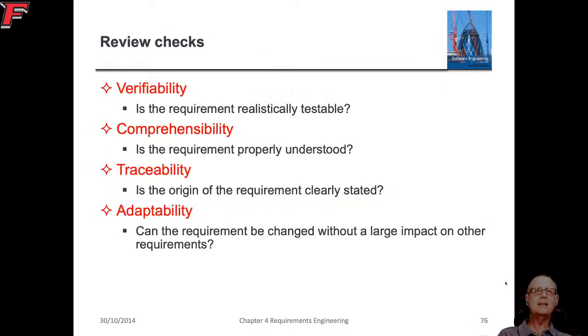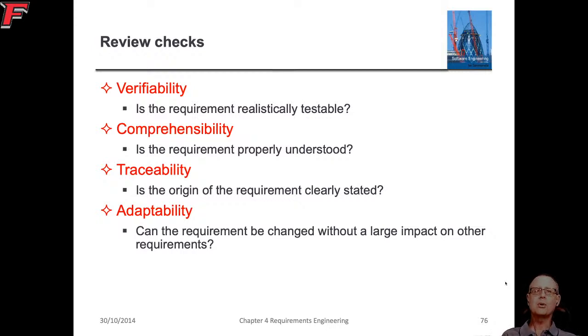Right, so there are some of the review checks. Is the requirement testable? Is the requirement understood? Do we know where the requirement came from? This is what I think I've said a few times about traceability of the requirement. It's worthwhile being able to know why the requirement is there. And adaptability. Can the requirement be changed without a large impact on other requirements?